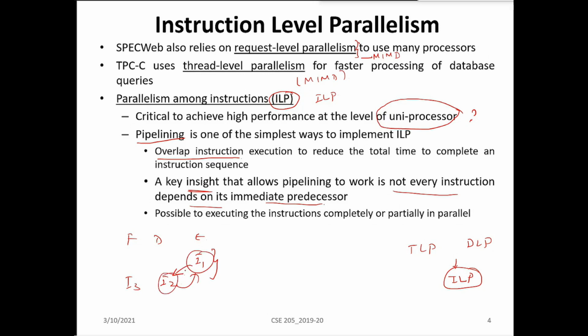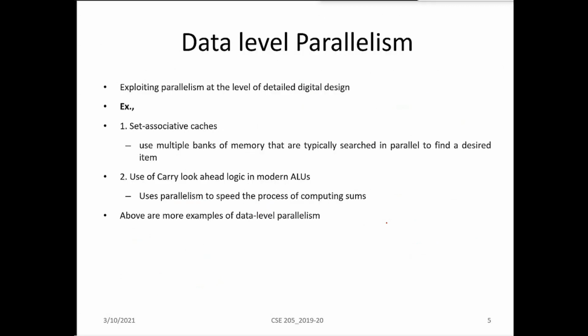If there is a dependency, we can't do anything, so we need to wait for some time. In most cases it is possible to execute instructions completely or partially in parallel. Sometimes if there is a dependency, we cannot execute in parallel and it has to wait. So ILP in a uniprocessor is done with the help of pipelining.